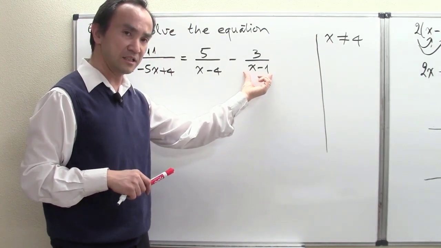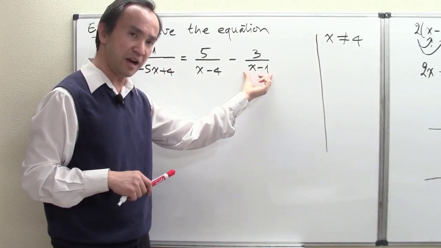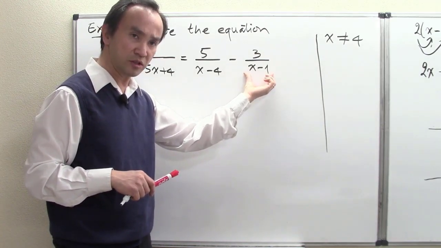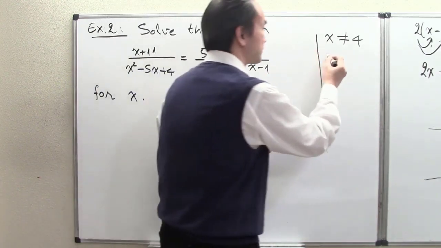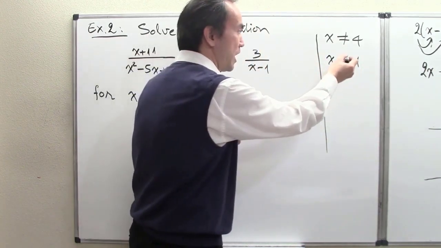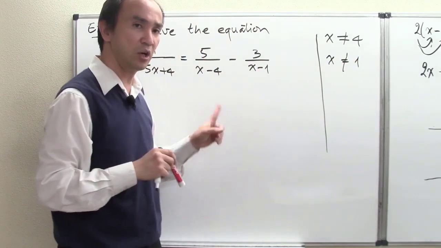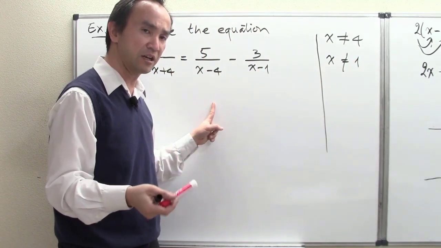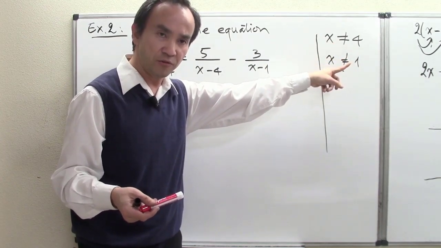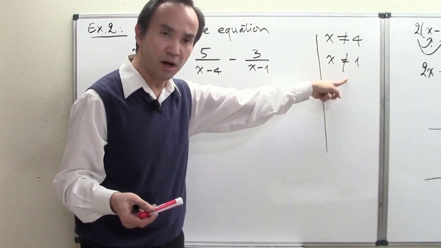Now the other simple denominator that we have spotted here, x minus 1, will equal 0 when x equals 1. So in that way, we don't want our final value of the unknown to equal 1. The unknown that we eventually find must be other than 1 and other than 4.